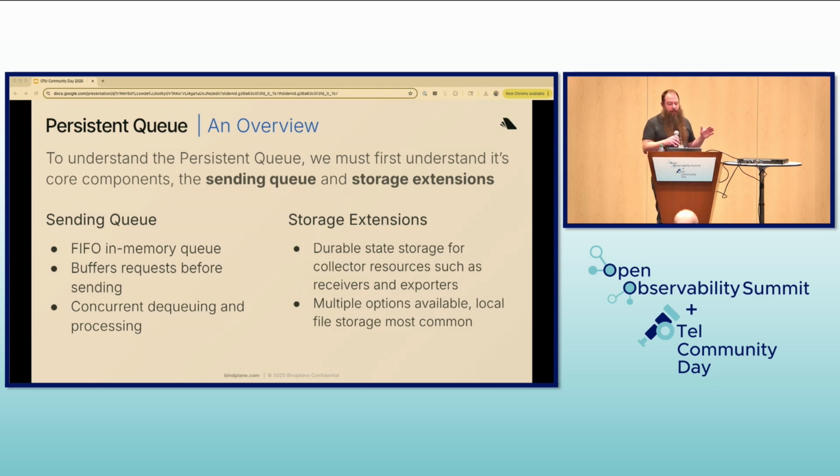And there's actually a number of storage extensions available. We're going to focus almost exclusively on the file storage extension. It's the one that I have the most familiarity with. Again, working with customers that we roll out to, that is pretty much the main option that's there. But there are other storage extensions, and we'll talk about that a little bit more.